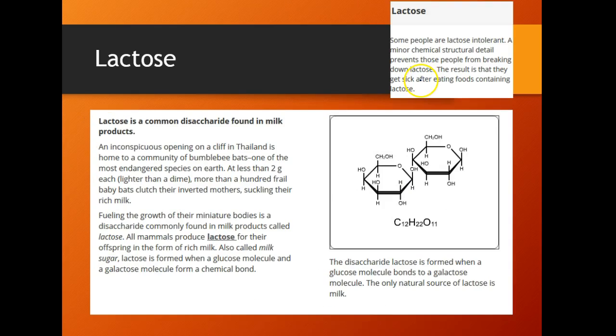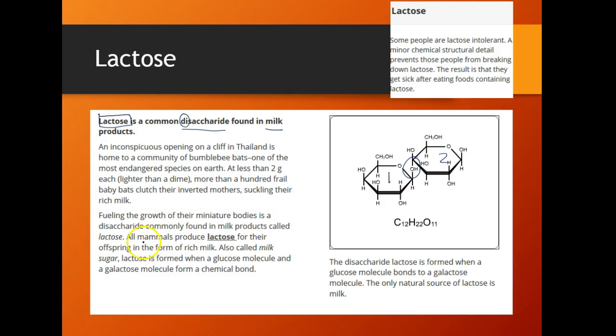All right, here's another example of a disaccharide, which again means 2 sugars, that's found in milk. It's called lactose. So again, lactose is another example of a disaccharide, but this one is found in milk. You see we have 2 sugar molecules, 1, 2, and they're bonded together via a chemical bond.